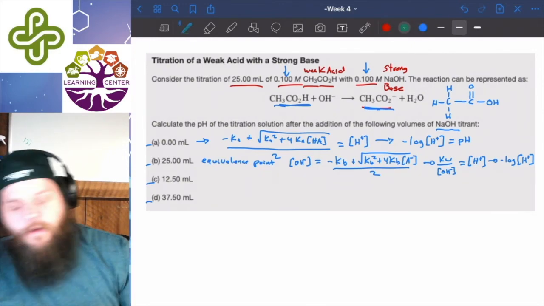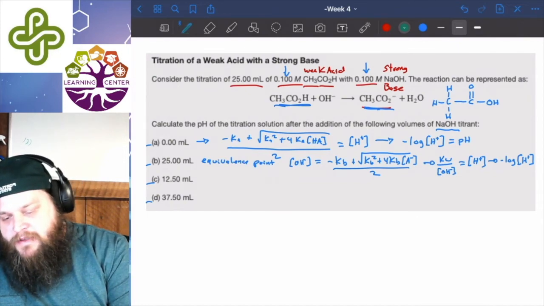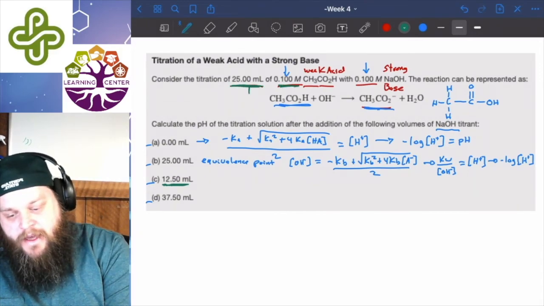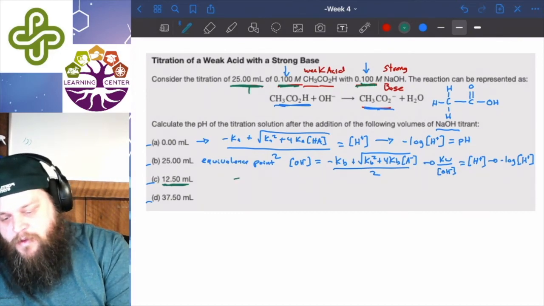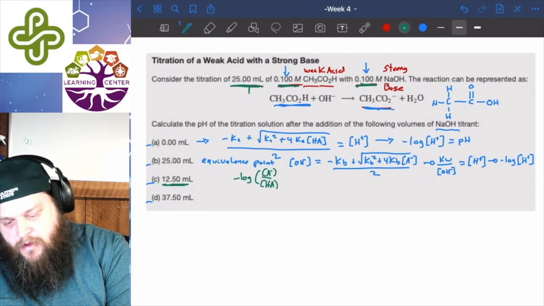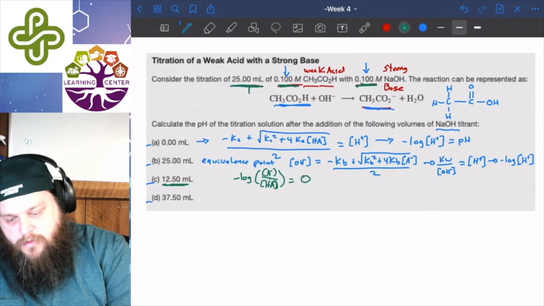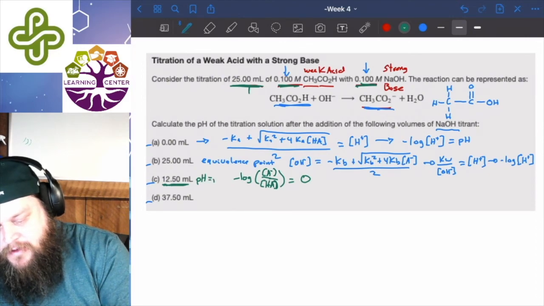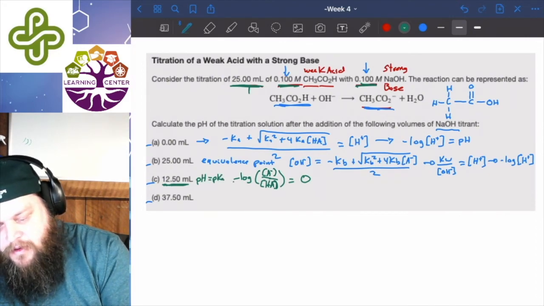If you go through all the math, you'll realize that at this volume, which is half of our initial volume, especially since we had the same concentration, the negative log of the concentration of A minus over the concentration of HA is equal to 0. So this pH is equal to the pKa only, because this all cancels out.